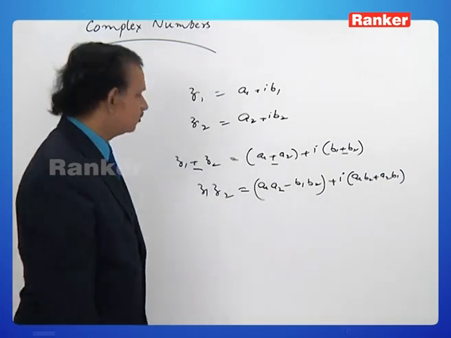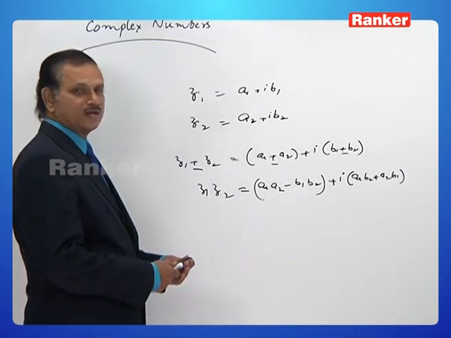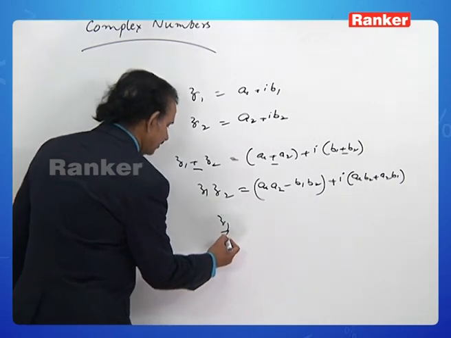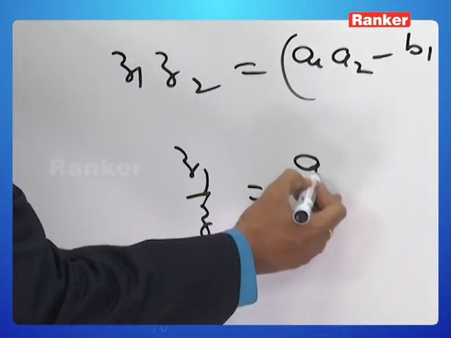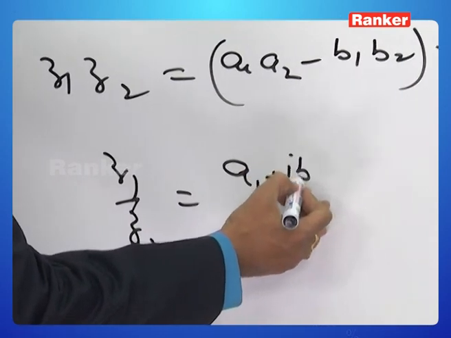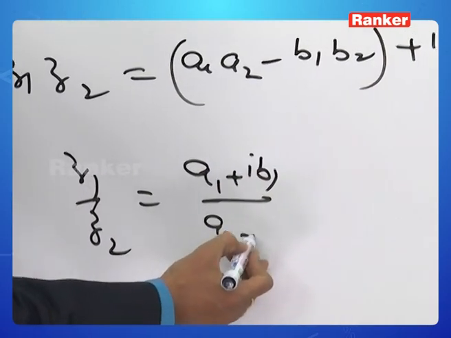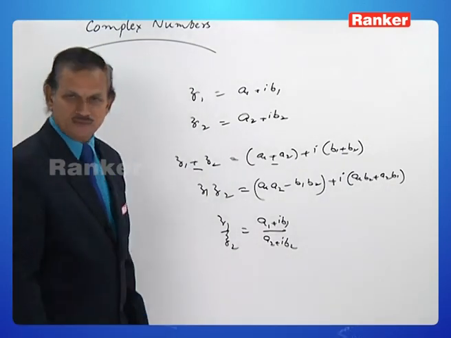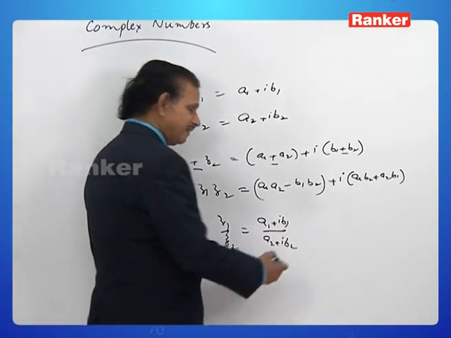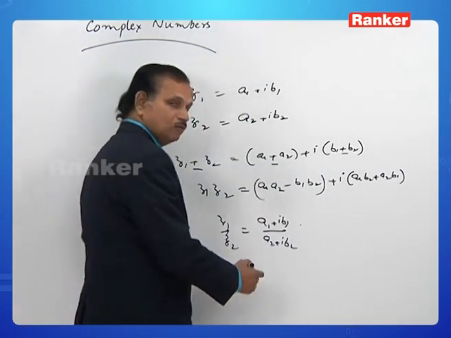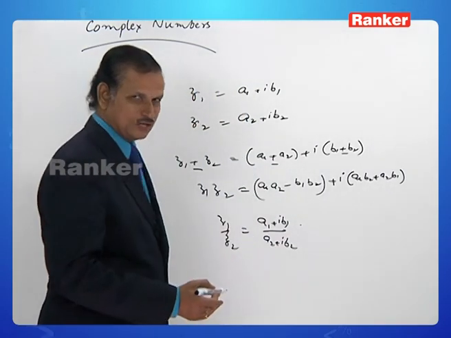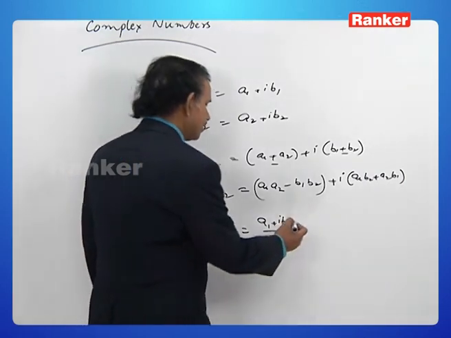Z1 and Z2. Again, Z1 by Z2 can also be defined as A1 plus IB1 by A2 plus IB2. If you multiply both numerator and denominator with the number A2 minus IB2, what is going to happen?